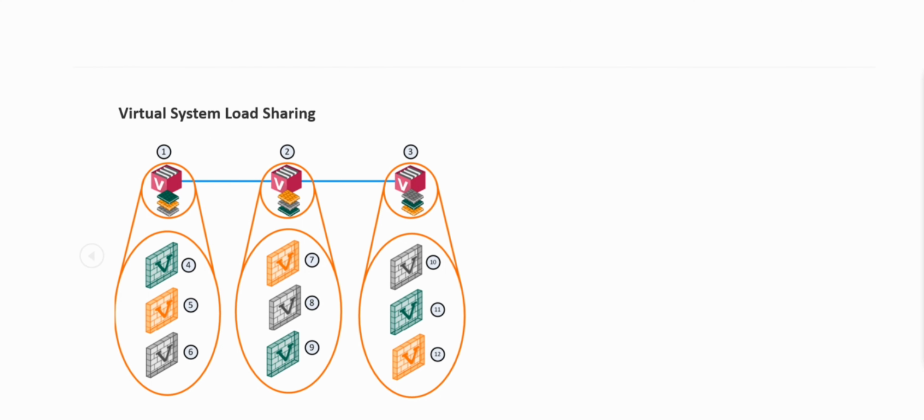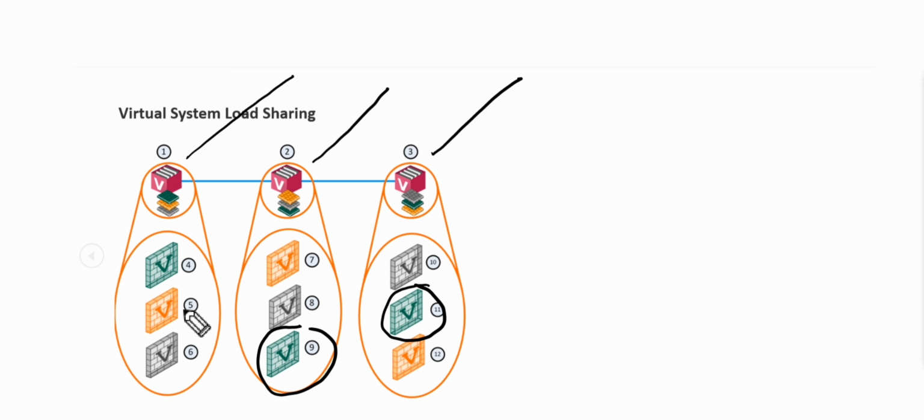Now let's understand the key points. Number 1, a different member hosts the active peer for each virtual system. What that means, as you can see, is that at the same time VSX gateway 1, VSX gateway 2 and VSX gateway 3 can host an active member, but the load distribution happens depending on the algorithm.